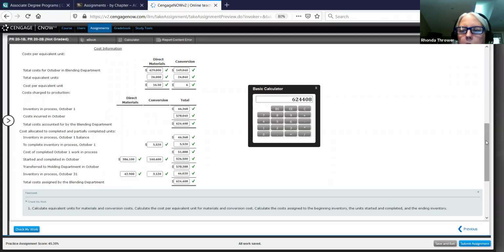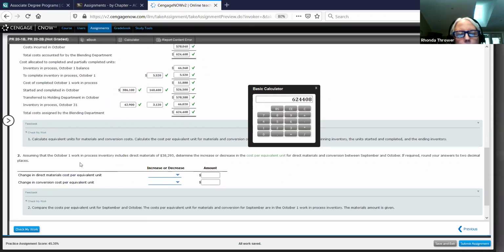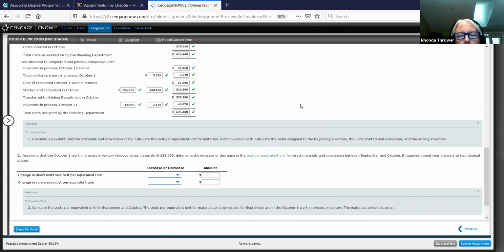In this problem, there is a second part to this, which is what they're trying to get you to understand about management and what they use this cost of production report for. They want you to figure out whether there was an increase or a decrease in the cost per equivalent unit for direct materials and conversion cost.